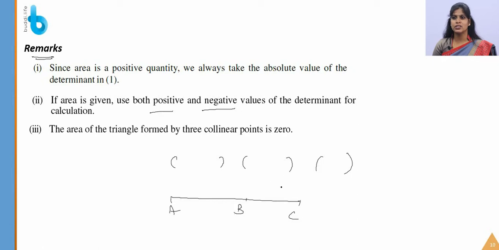How can these three points form a triangle? They are already lying on the same line, so these three points cannot form a triangle, therefore the area of the triangle is 0. This will be asked for 1 mark, in the objective questions also.